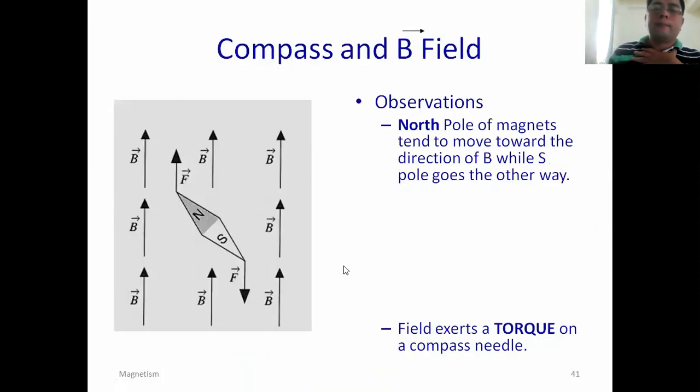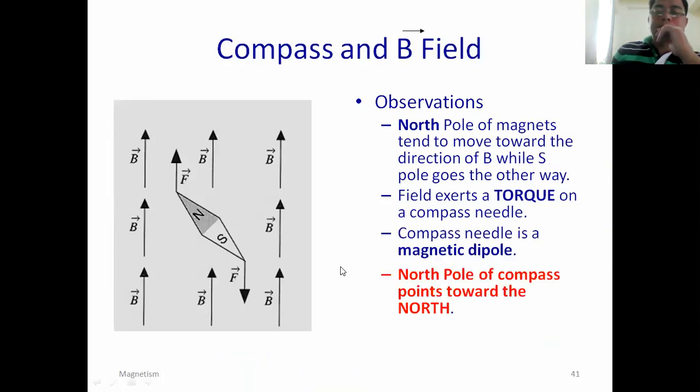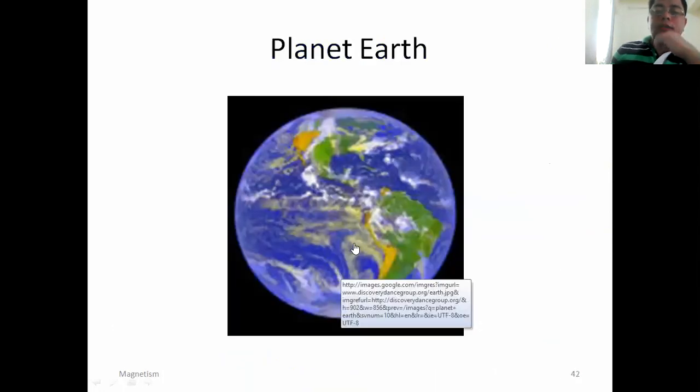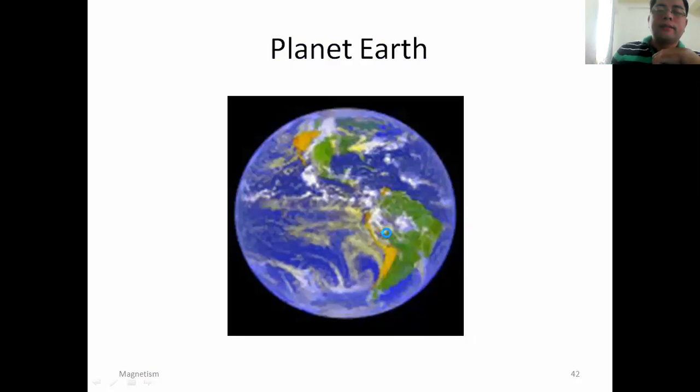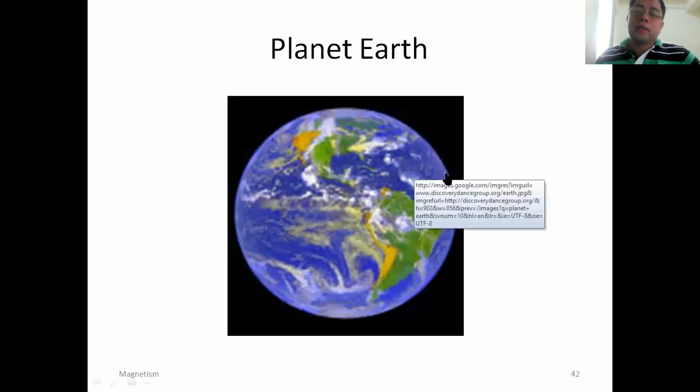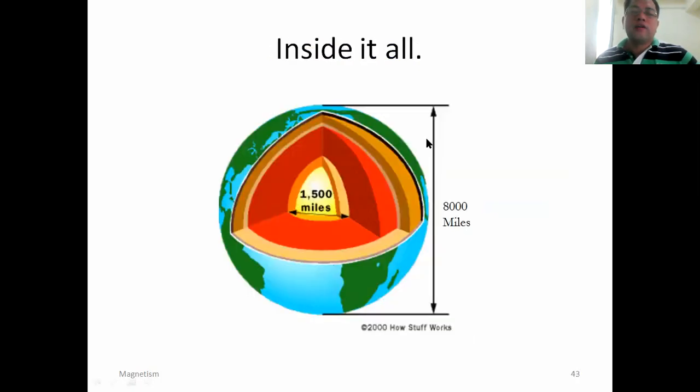Okay, so the Earth is one natural magnet. We believe that the Earth affects the compass. Since the compass is magnetic, then our Earth is also one kind of magnetic material.